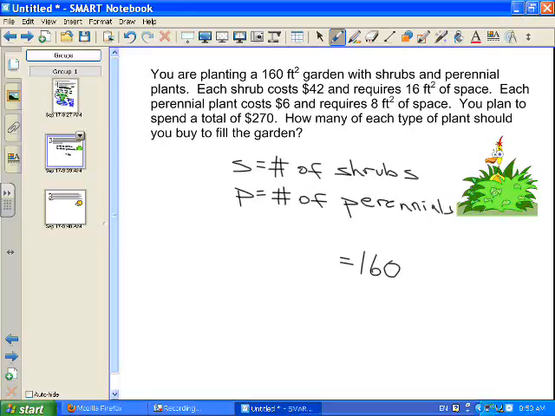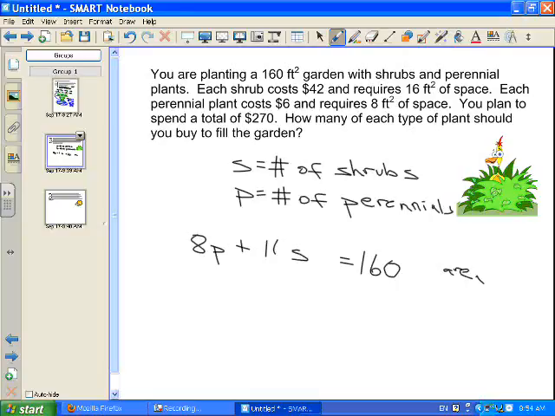Right, so this is my area equation, which means that I'm going to have a P and an S over here as well. Now, how much area is a perennial taking up? 8. How much area is a shrub taking up? 16. Okay, that's my area equation.